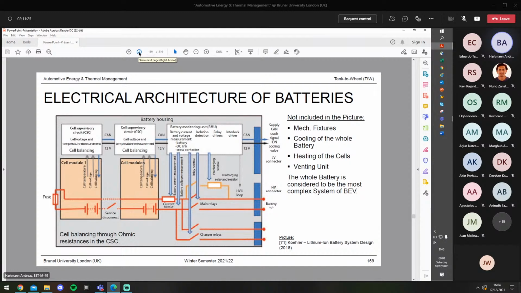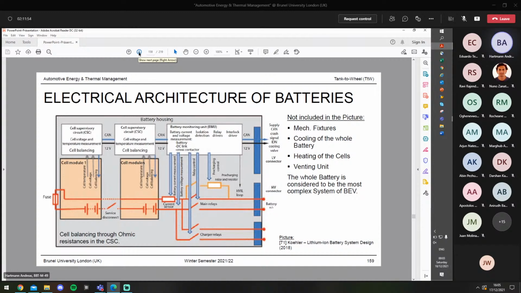You need to measure the cell voltage, and you also need to measure the temperature inside the battery. When the voltage differs too much, a so-called cell balancing is applied, meaning you have ohmic resistances, which can decrease the voltage of the cell to the required level.